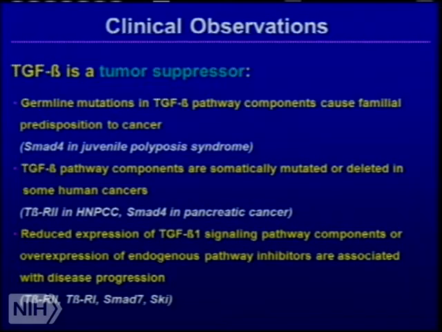Now, clinically, TGF-beta has been shown to have tumor suppressor activity. For example, germline mutations in the TGF-beta pathway components have been shown to cause familial predisposition to cancer. And this has been shown to occur with SMAD4 in juvenile polyposis syndrome.